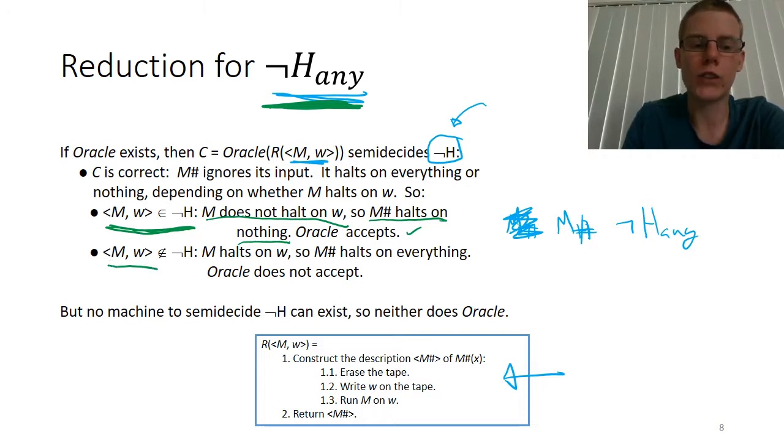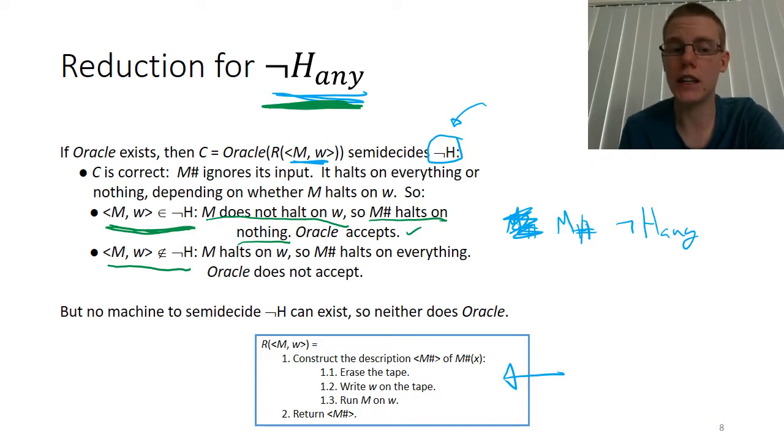If our original string was not a member of the complement of the halting problem, then what that actually means is that M does indeed halt on W.